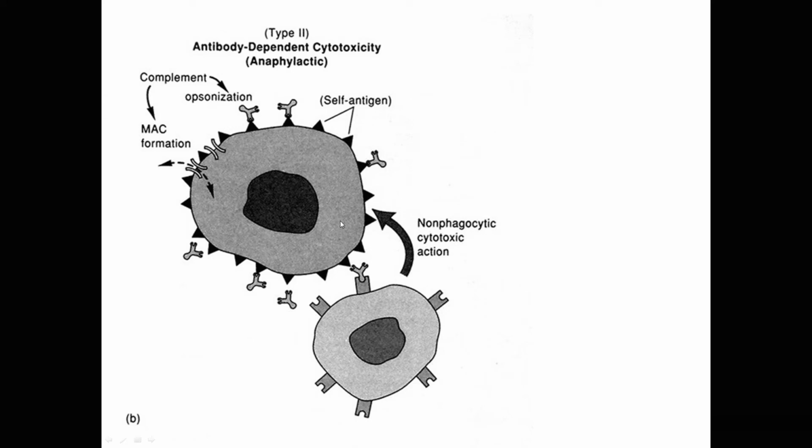This is illustrated on the picture. Please note, this is an error, not anaphylactic. This is cytotoxic. Activation of the complement, the opsonization, the membrane attack complex formation, activation of the cytotoxic cell. All these effects will destroy the cells.